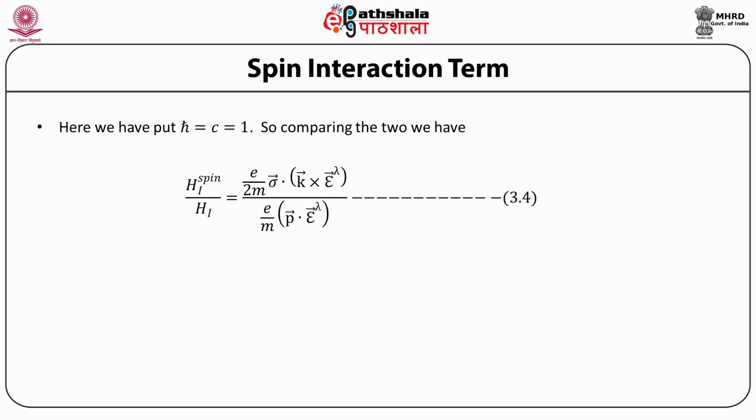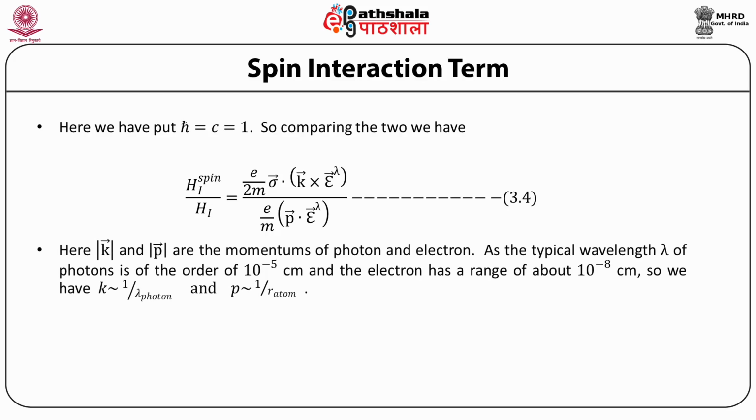So comparing the two, we have H_I spin by H_I is equal to e by 2m sigma vector dot k vector cross epsilon divided by e by m p vector dot epsilon lambda vector. Here k vector and p vector are momentum of photon and electron. As the typical wavelength lambda of the photons is of the order of 10 raised to minus 5 centimeters and the electron has the range of 10 raised to minus 8 centimeters, we have k of the order of 1 over lambda of the photon and p is of the order of 1 by r atom.